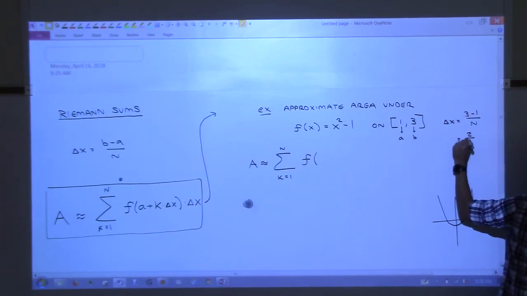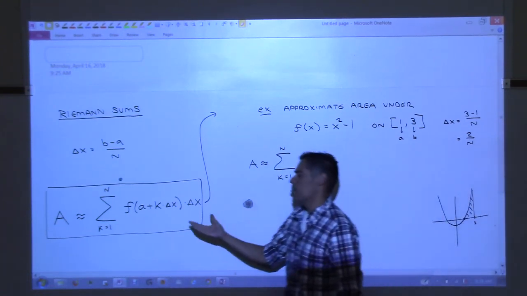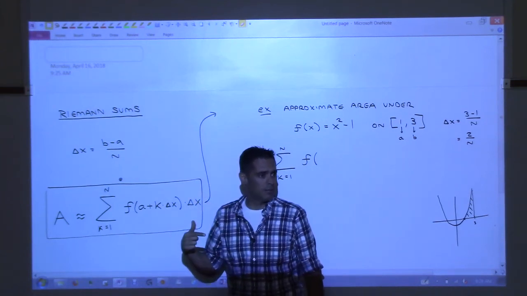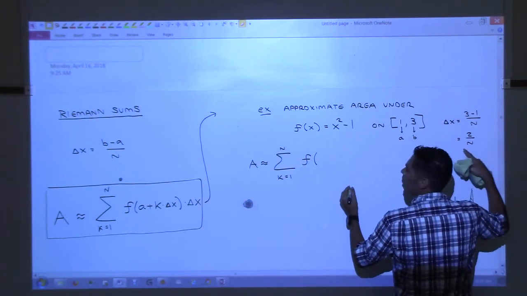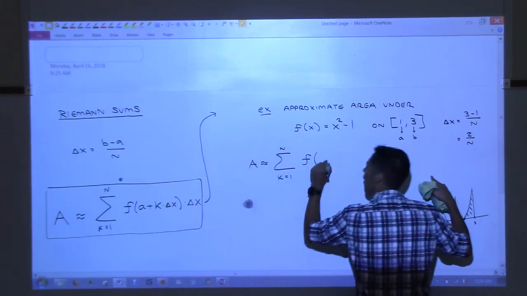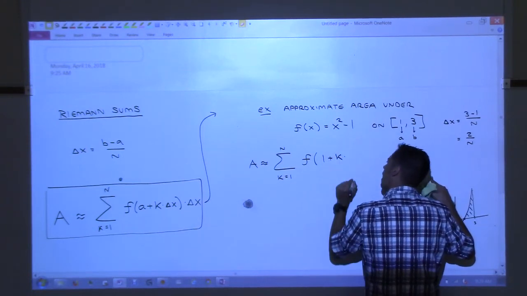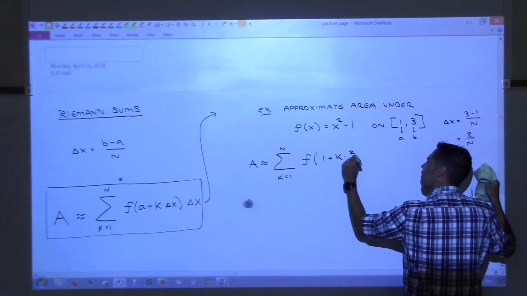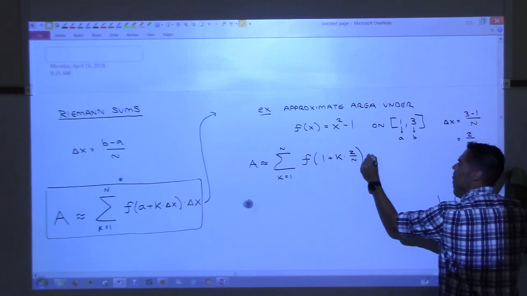Which is just 2 over n. So in this formula, I'm going to replace a with 1. I'm going to replace all my delta x's with 2 over n. Make sense? So this will be f of a, which is 1, plus k times 2 over n, like that, then times 2 over n.